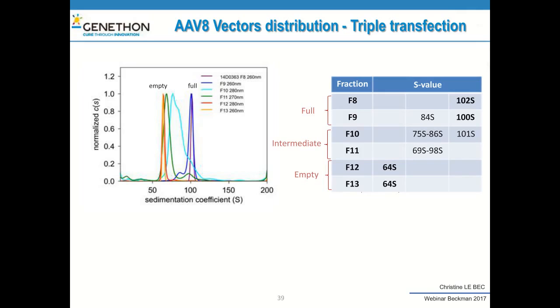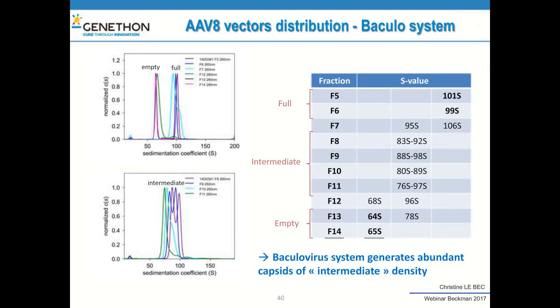And the empty particles, which are in red and yellow, are in fractions 12 and 13, and we have the intermediate species in the light blue. For the baculovirus system, we have more fractions, and you can see the S value.